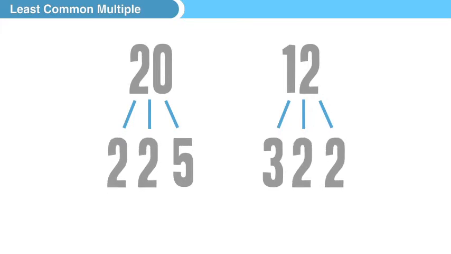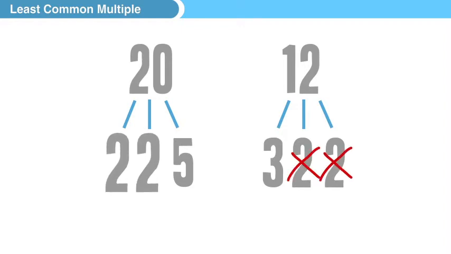Now the step says to multiply each factor the maximum number of times it appears in either number, but not both. So we're going to take 2 of those 2's from either 20 or 12, but not both. I'm taking them from 20, but again, you could take them from 12 and you'd still get the same answer, as long as you only take them from one number.